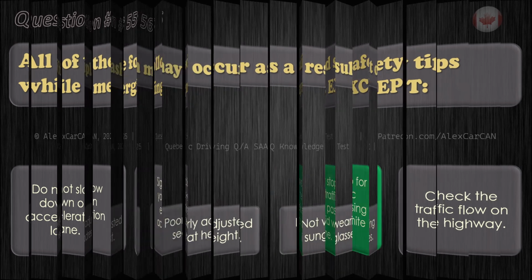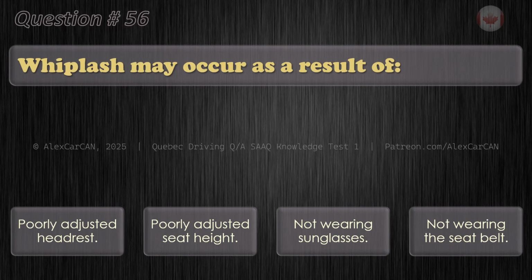Question number 56. Whiplash may occur as a result of: poorly adjusted headrest, poorly adjusted seat height, not wearing sunglasses, not wearing the seat belt. The correct answer is poorly adjusted headrest.